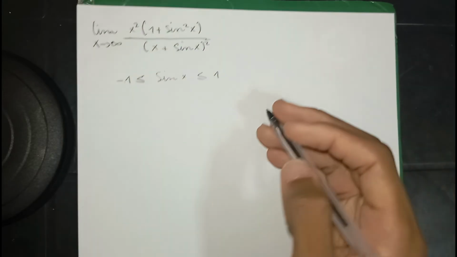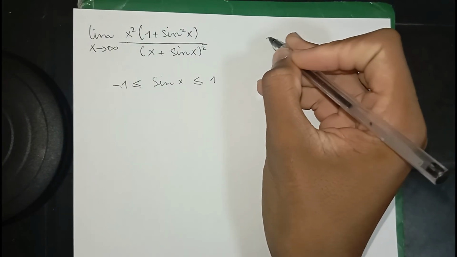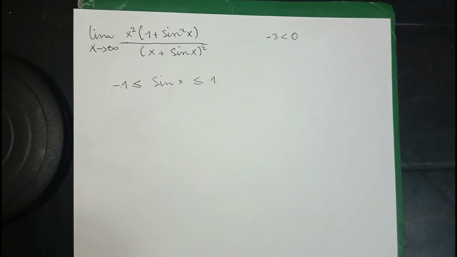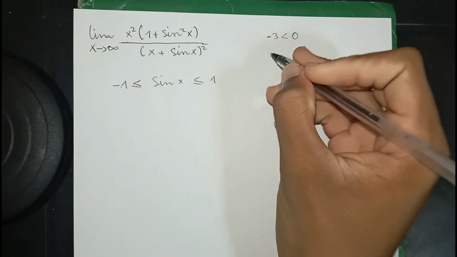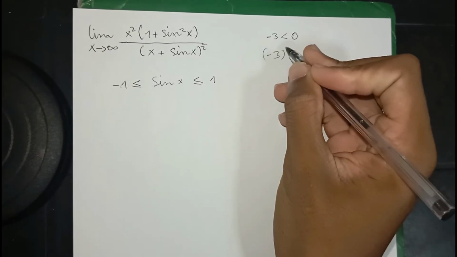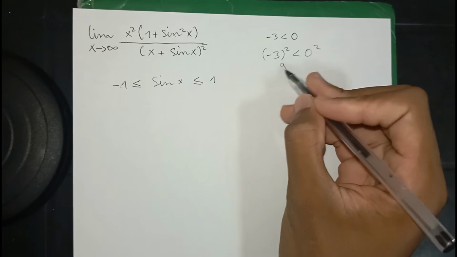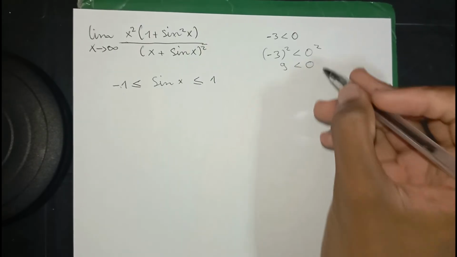If you see, for example, -3 is less than 0, right? If I take 2 as the exponent here, what do we get? We get 9 and 0, and this is false.